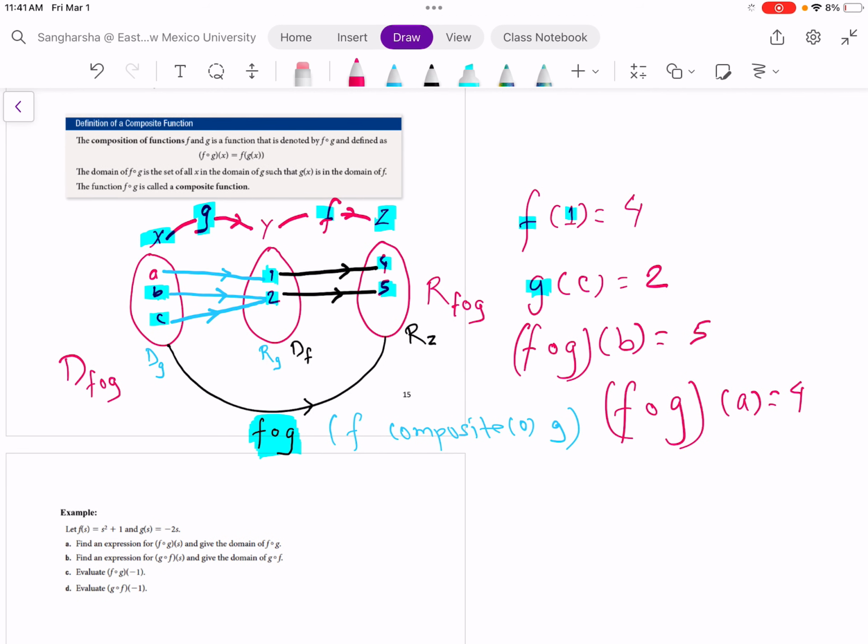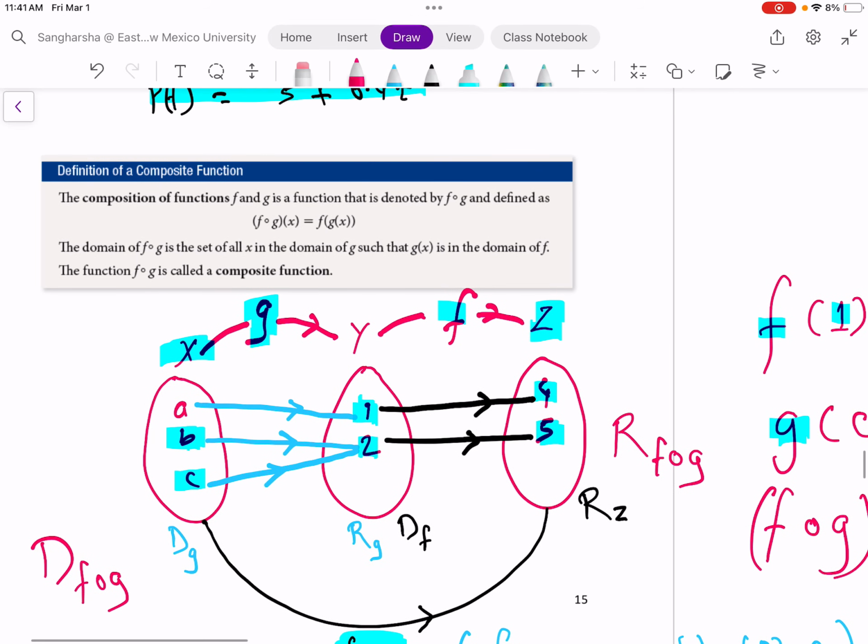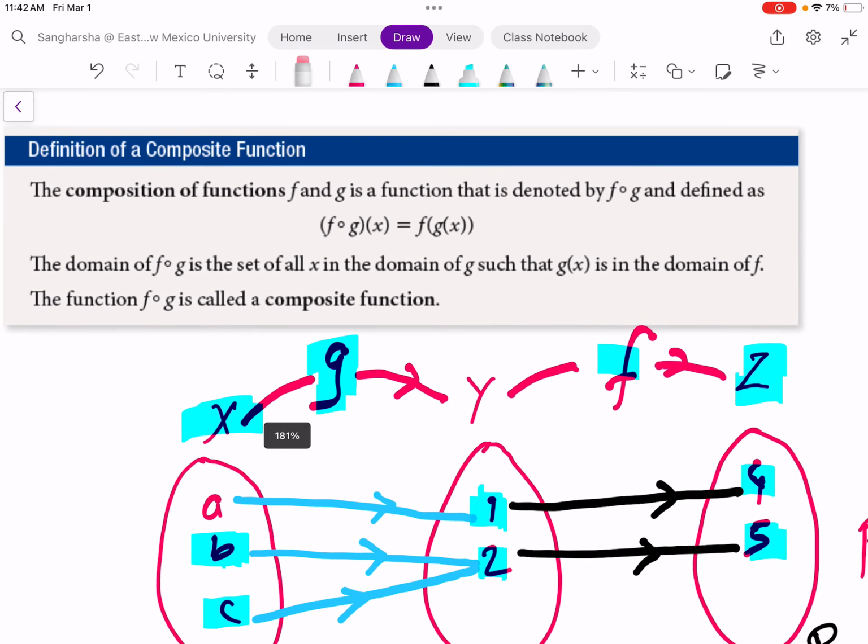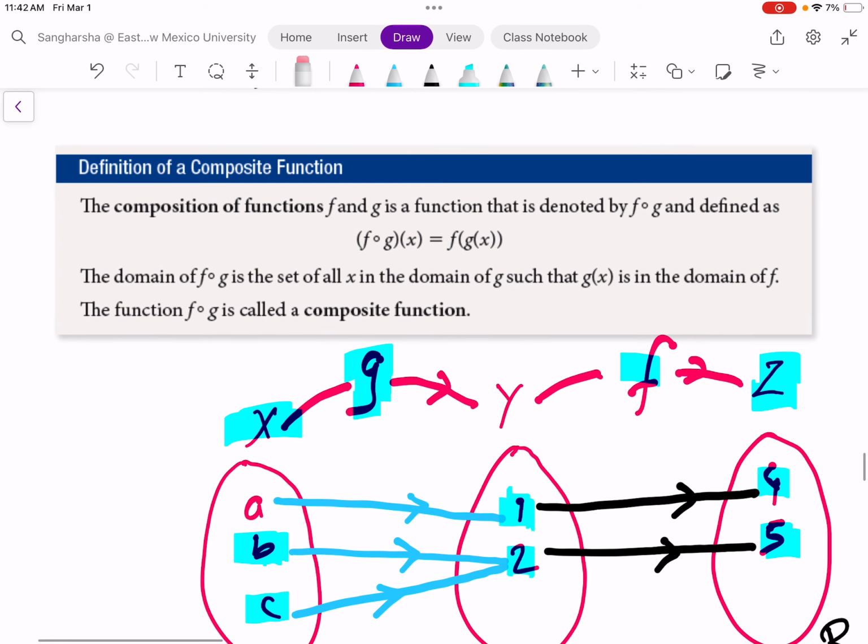Now we go back to our definition. In general, we don't do a mapping diagram every time, because our function is not only a mapping diagram. We may get an equation, or a set of ordered pairs. So in general, f composite g of x is f of g of x.